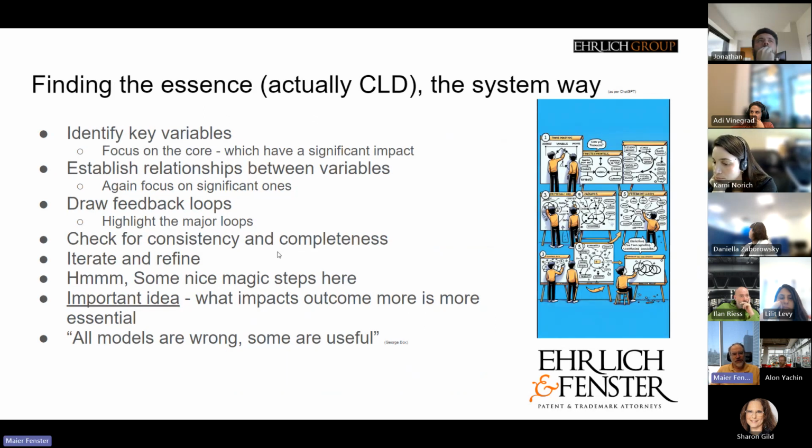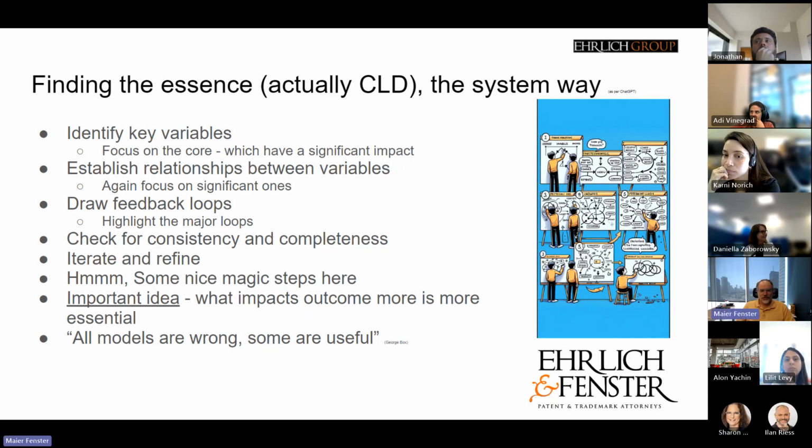So now I'm going to start with several different ways that people use in order to figure out the essence of something. We've talked in the past about CLDs, which are causal loop diagrams, and what they are is these cute graphs where you have nodes and they're connected with wires and it says plus or minus. And use them in system thinking in order to try to sketch out what a system is.